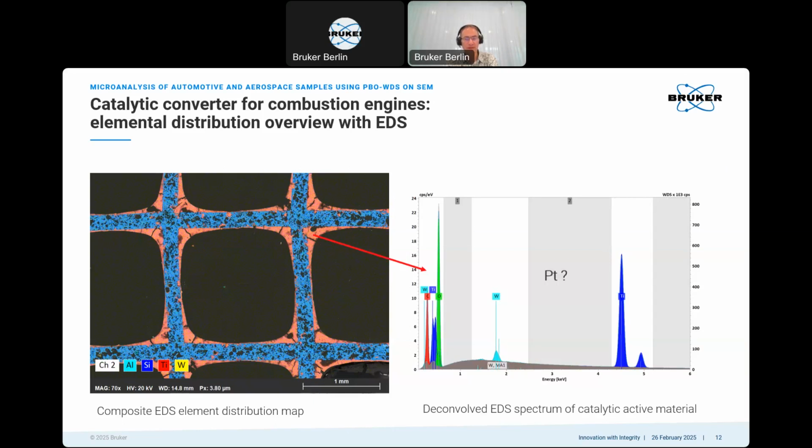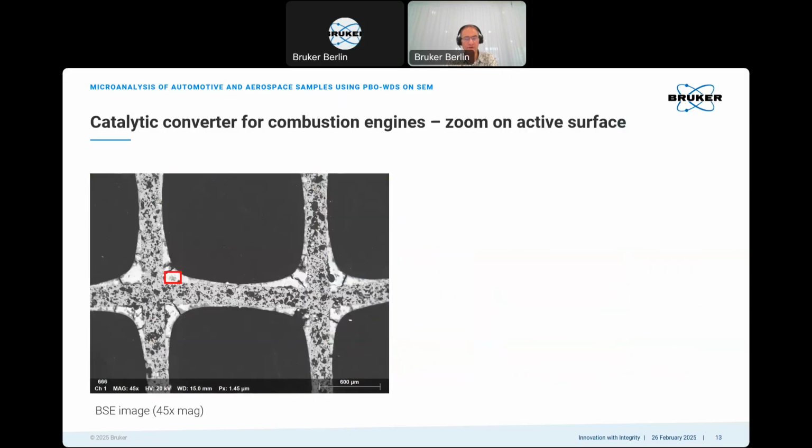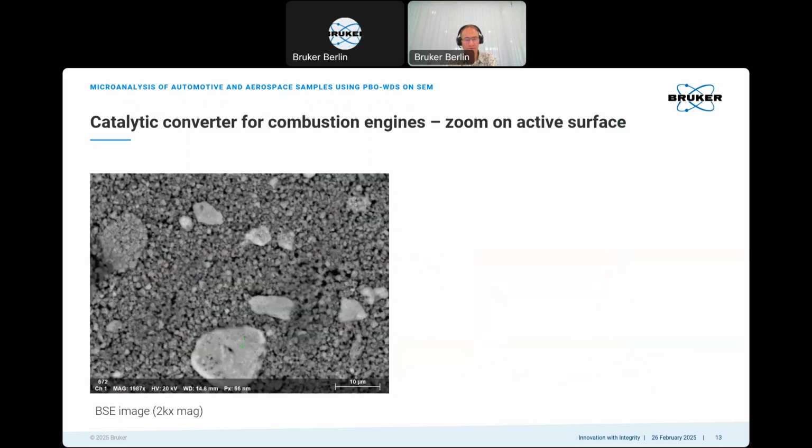So, but where is the platinum? We cannot see the platinum right now. Therefore, we zoom into the sample on the outlined rectangle. We zoom further in and we see the very granular porous material, particles of different size, a very high surface, it's very porous, this material.